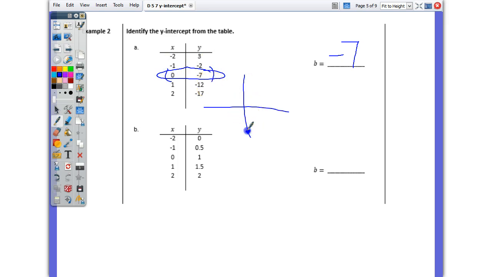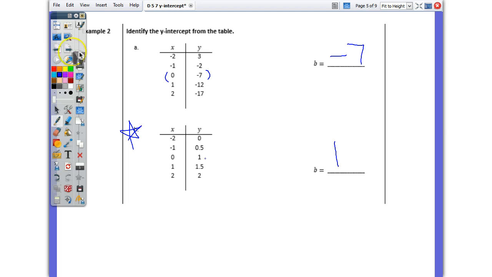It would cross the y-axis down here somewhere at the negative 7. Anything that follows the 0 is your y-intercept. So it's always that one. Okay, and this one is easy as well. What's our y-intercept? 1. Follows the 0. It's a 1.